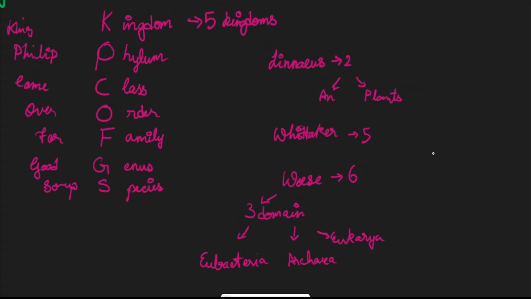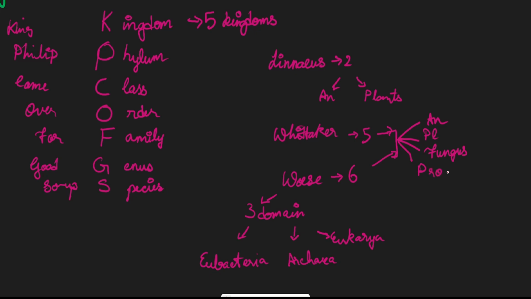So Whitaker and Woese, in their kingdom schemes, 5 kingdom and 6 kingdom, they both relied on these 4 basic kingdoms, right? You have animal, plant, then you have fungus and protoctist.